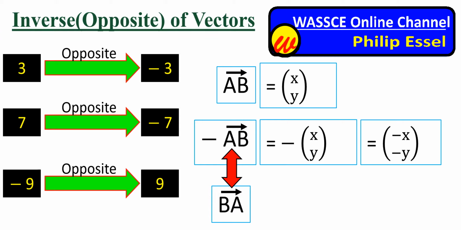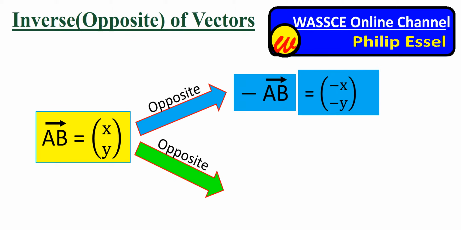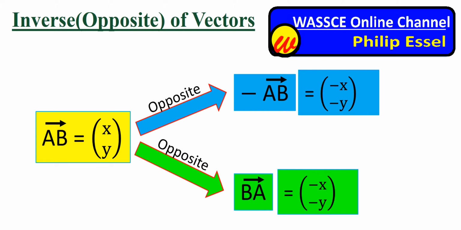Let's summarize what we have just learned. So if you have the vector AB to be equals to xy, its opposite can either be negative AB, which is equals to negative x, negative y, or BA, which is also equals to negative x, negative y.